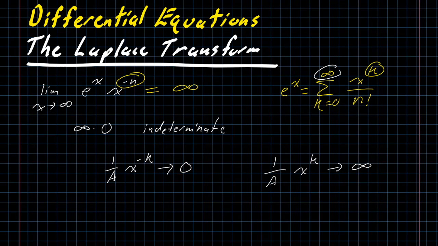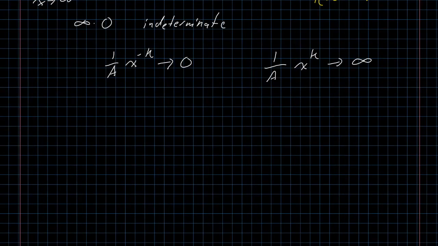The limit as x goes to infinity of e to the x times x to the negative n is infinity. If I switch the signs on those exponents, the limit as x goes to infinity of e to the minus x times x to the positive n power, well, the same logic applies, but in the other order.